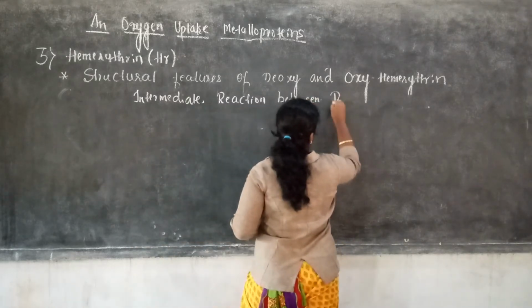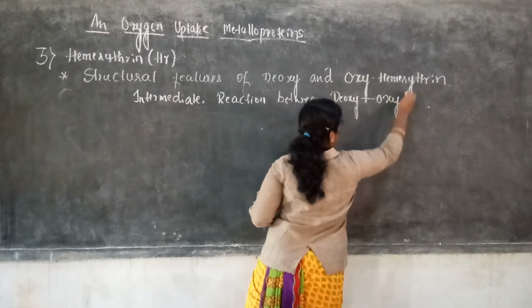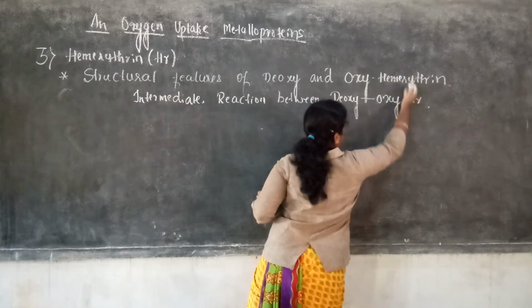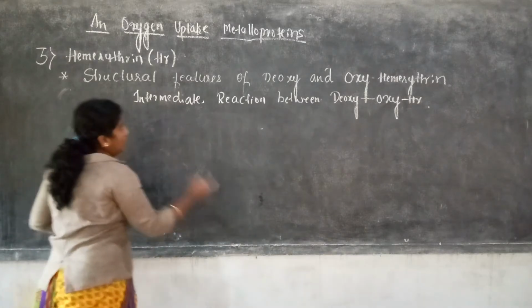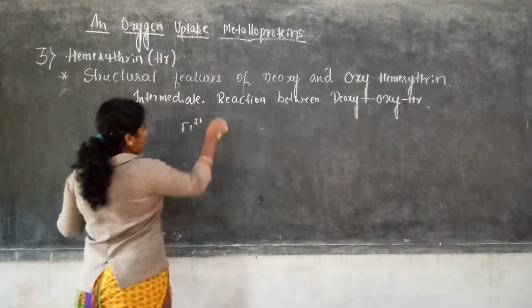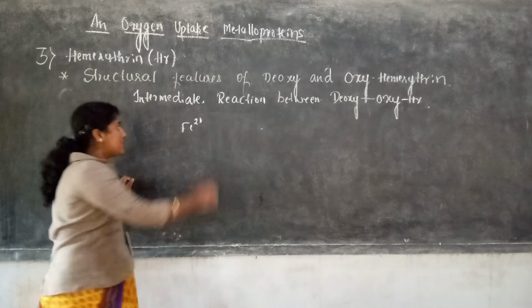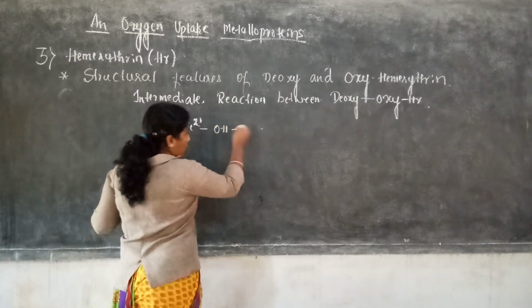Between deoxy to oxyhemerythrin. Okay, we have in the deoxy form of hemerythrin Fe2+, Fe2+. Then the bridging ligand is OH.